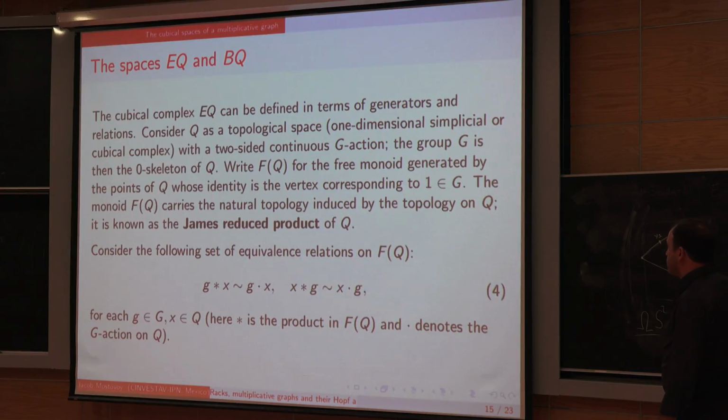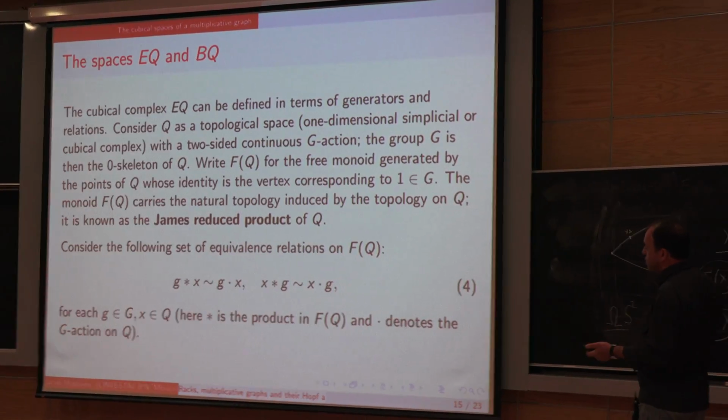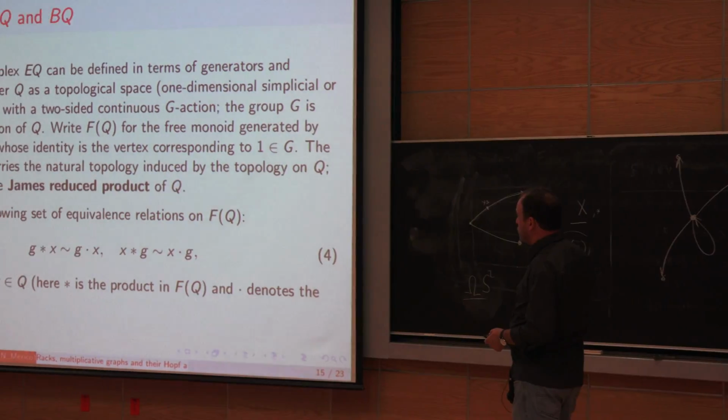So this way we get some cubical set. I mean, it's not just a set; it's a quotient of a monoid by some relations, multiplication on a cubical set.